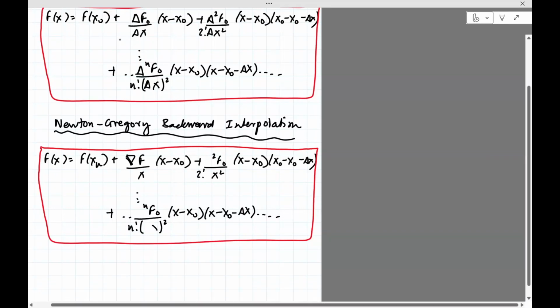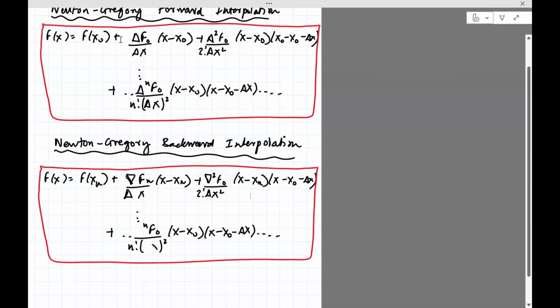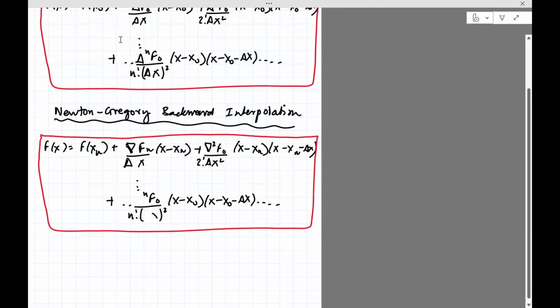This will be xn, xn, xn. Okay, don't worry too much about the formula.